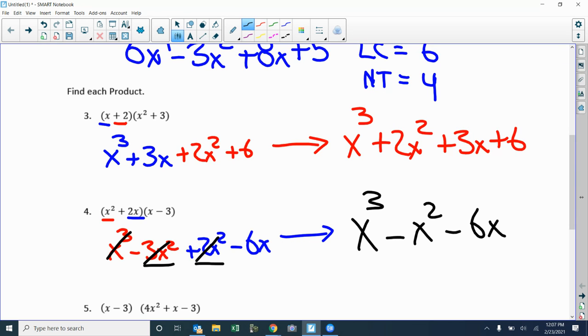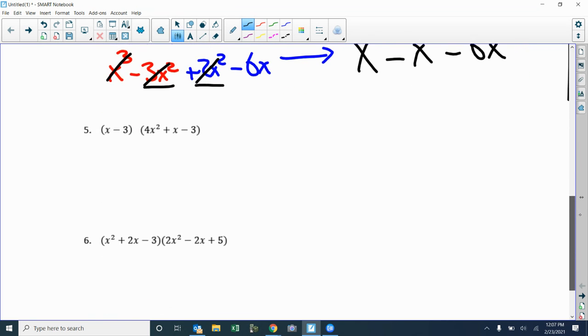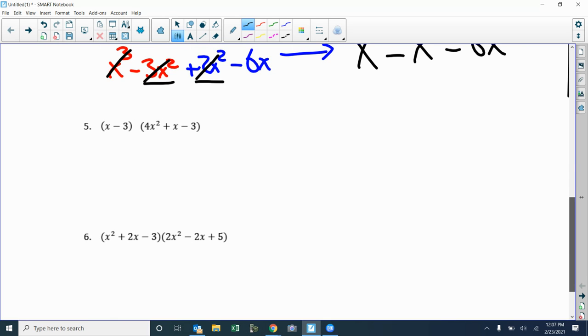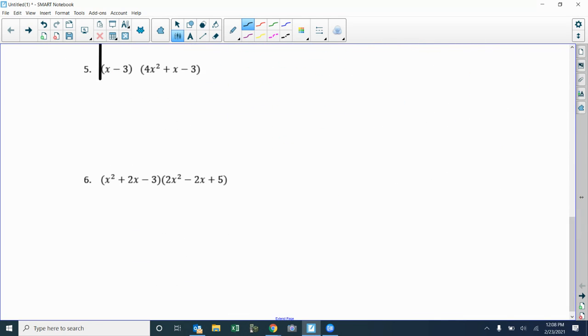Okay. Now we have a binomial times a trinomial. So here we go. Now that was fun. So x times 4x squared will give me 4x cubed.